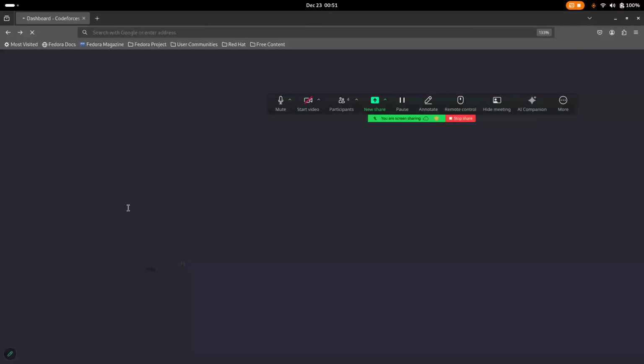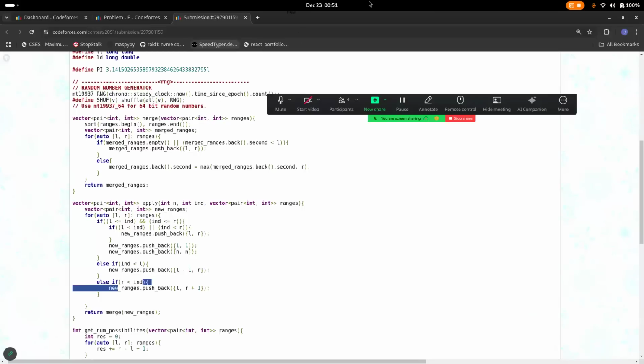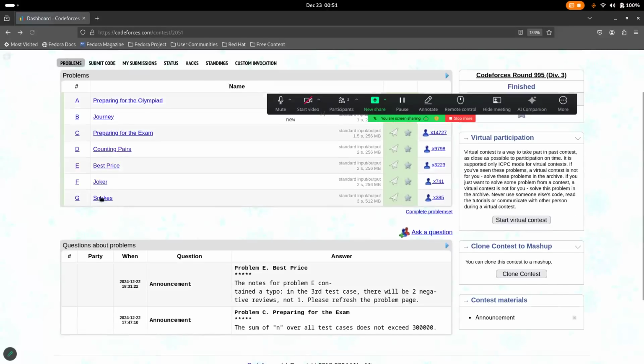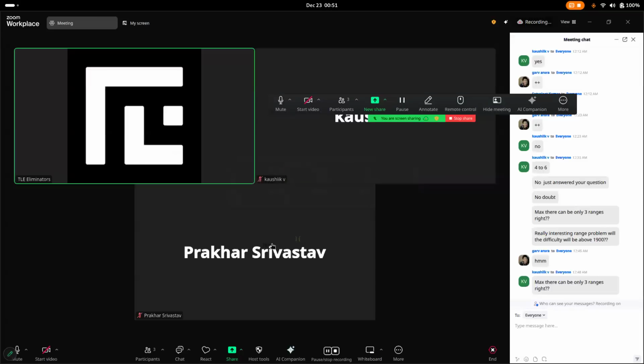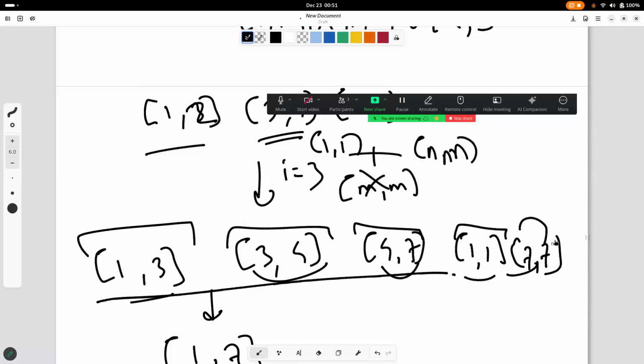Now let's move to the last problem. At max there can be only three ranges, one starting from left, one starting from right, and one in between.